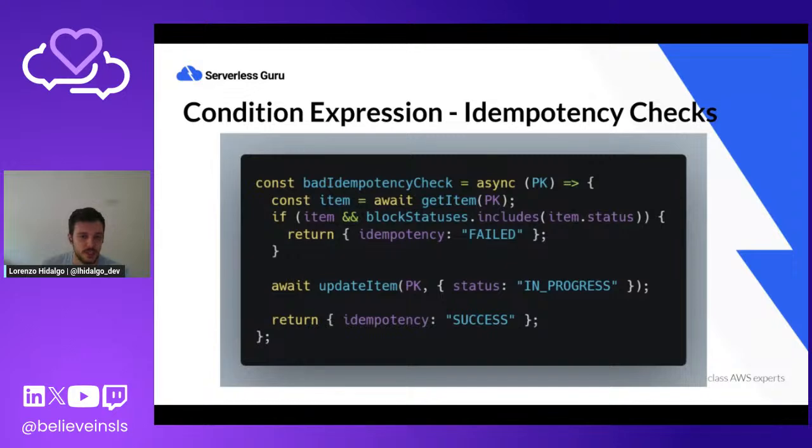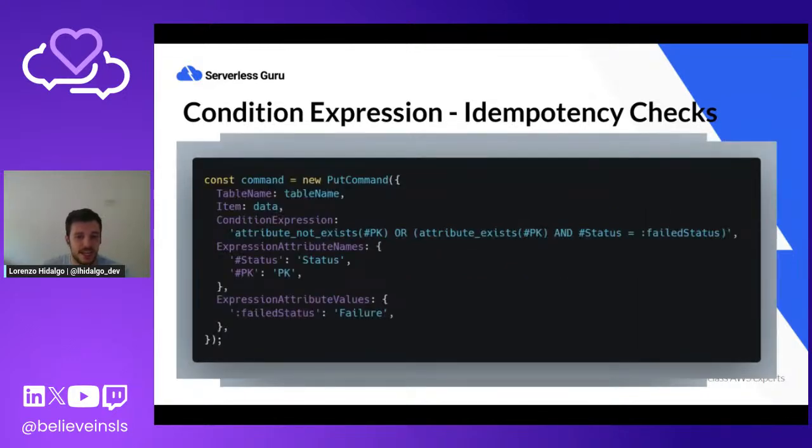How do we implement a condition expression for idempotency checks? It would be something like this. Here, for example, we're stating, hey, DynamoDB, please insert a record. We'll be using a record to track idempotency of the different events, and only insert it if the following condition is met: the attribute doesn't exist.